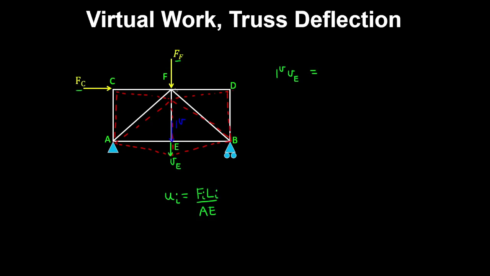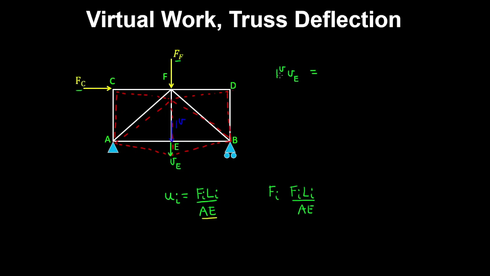And we assume that all the truss members have the same axial stiffness, so the same area and the same Young's modulus. So therefore the work done to deform a truss member is simply the internal force in that member times the deformation. So that'll be F_i times length L_i over AE.